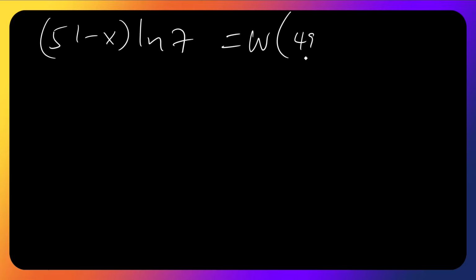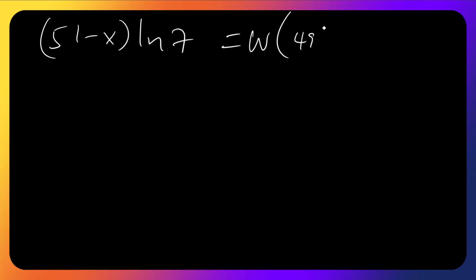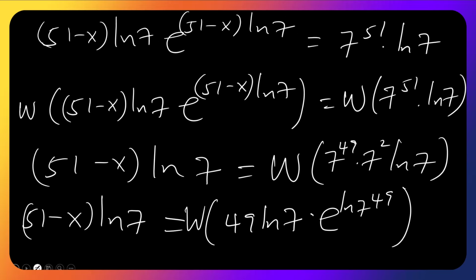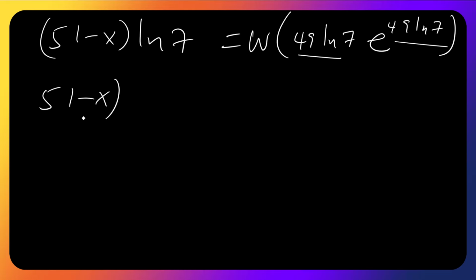So 51 minus x, 49 ln of 7 times e. This one will go behind 49 ln of 7. Perfect. Now let's check this. So 51 minus x ln of 7.